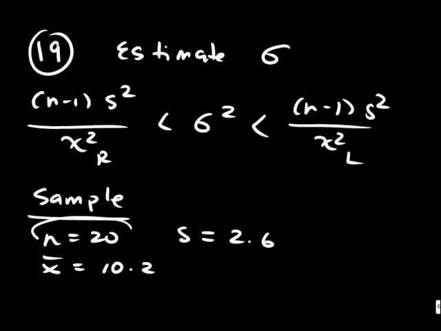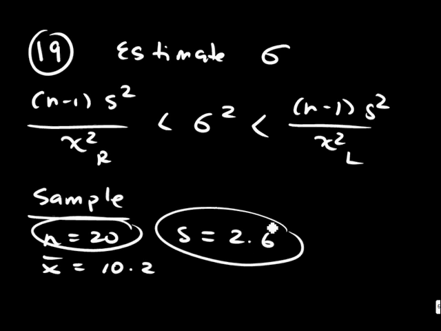We need our chi-square R and chi-square L values. The chi-square values come from the level of significance. 99% confidence level.